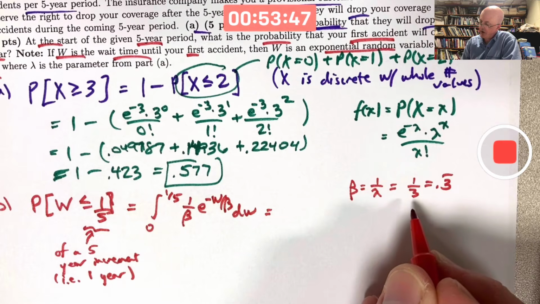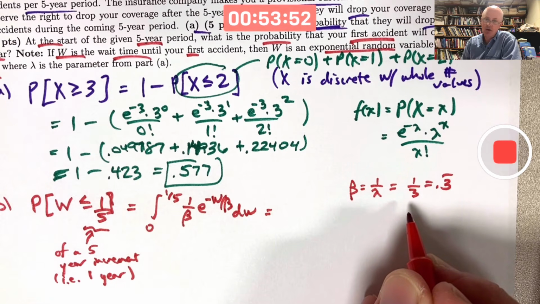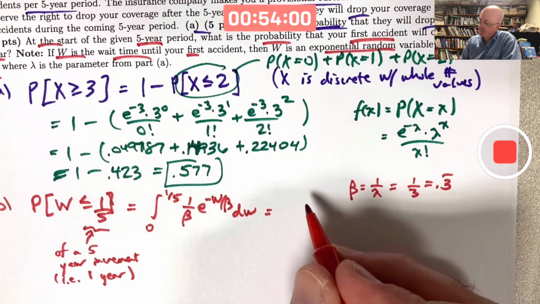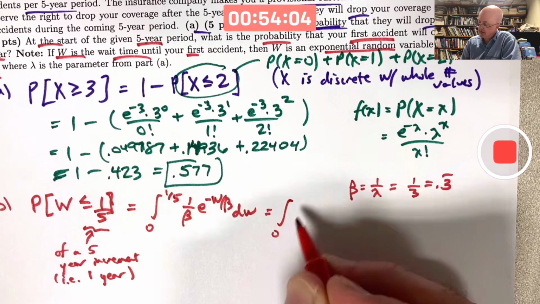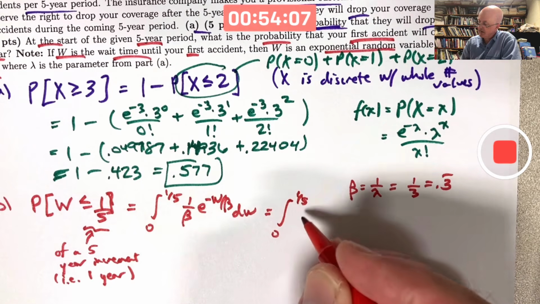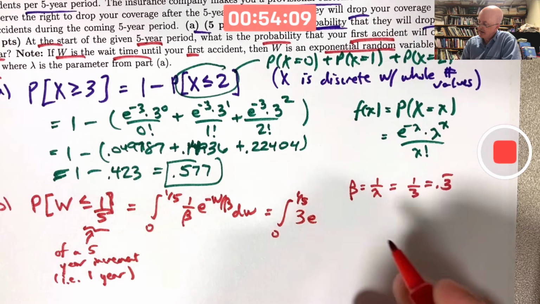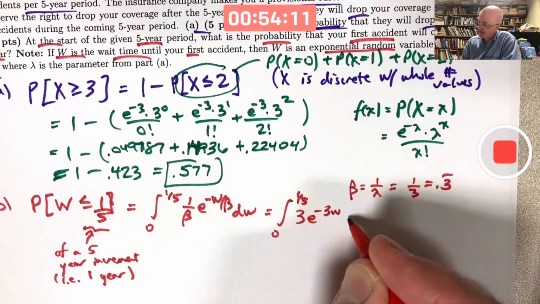If beta is 1/3, then 1/3 of a 5-year period is how long it typically takes you to get your first accident. That would be 5/3 years. If beta is 1/3, then 1 over beta is going to be 3. So it looks like the integral from 0 to 1/5 of 3 e to the negative 3w dw.